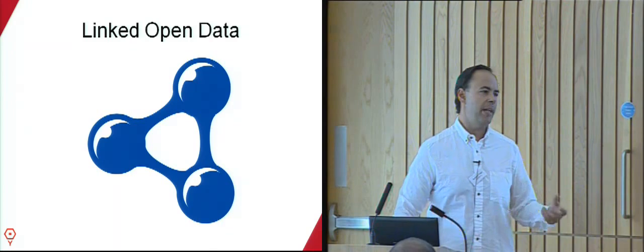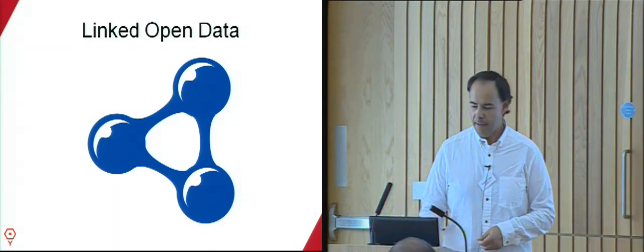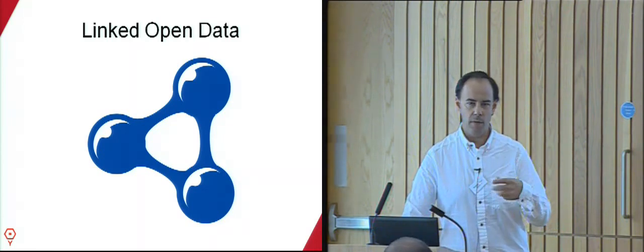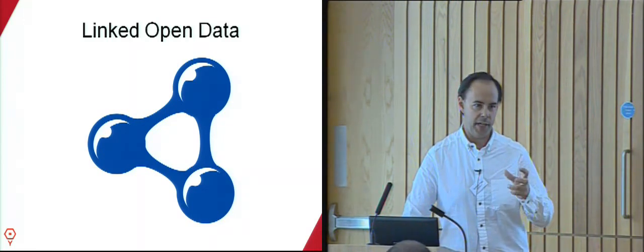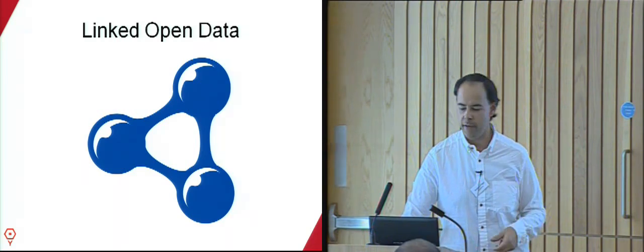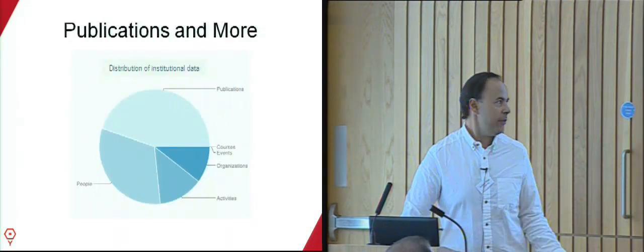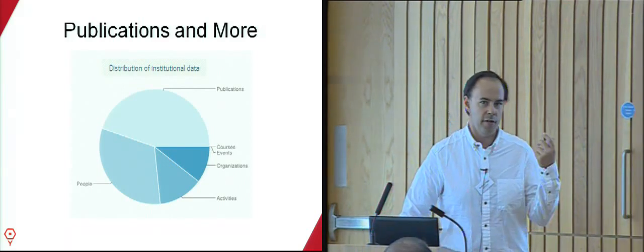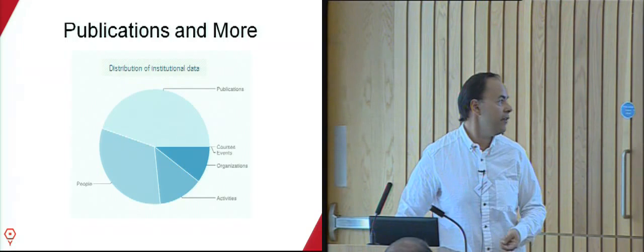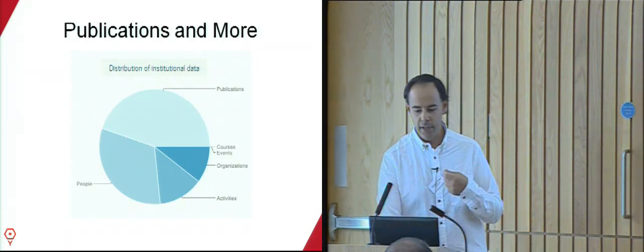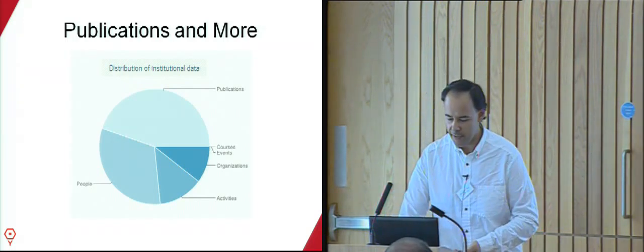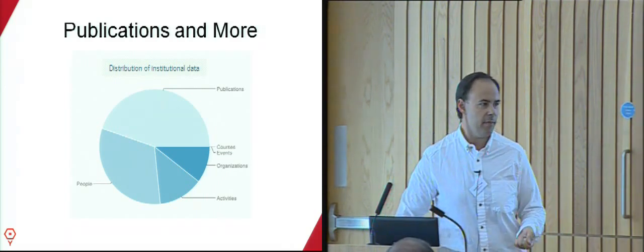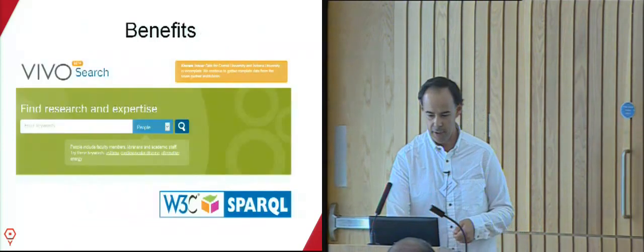The whole system is based on linked open data. It's all triple-based information about the research and all the objects captured at the university. It's not just publications. There are ontologies to describe courses and events, organization information, professional activities, and even the people themselves. People are resources in the system, linked to publications.